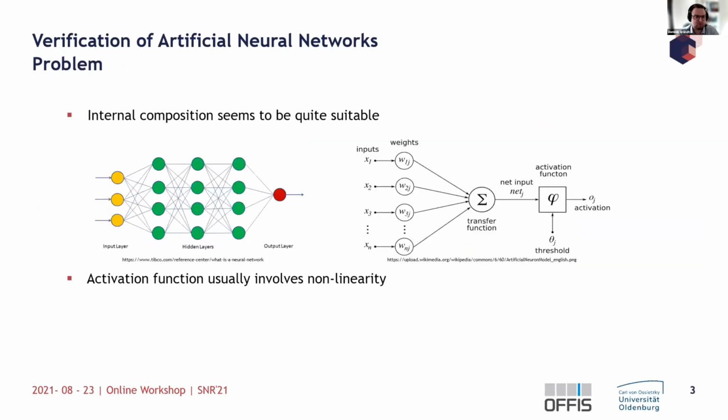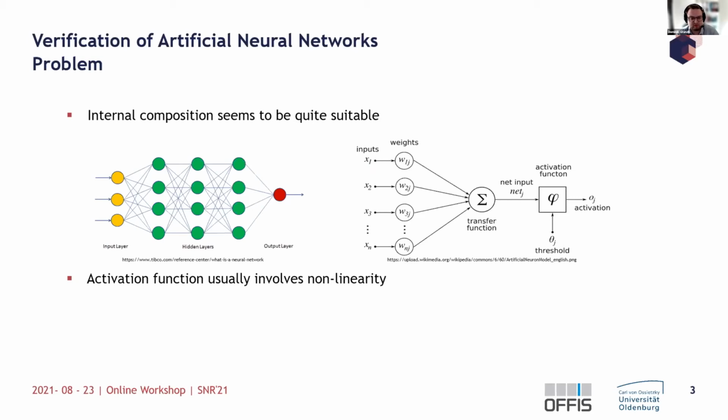If we talk about verification, at first view the internal composition of neural networks seems quite suitable because it's like easy matrix multiplication, which is not that hard for classical means. But at a deeper view, we see the activation function, which usually involves nonlinearity, or at least piecewise linearity.